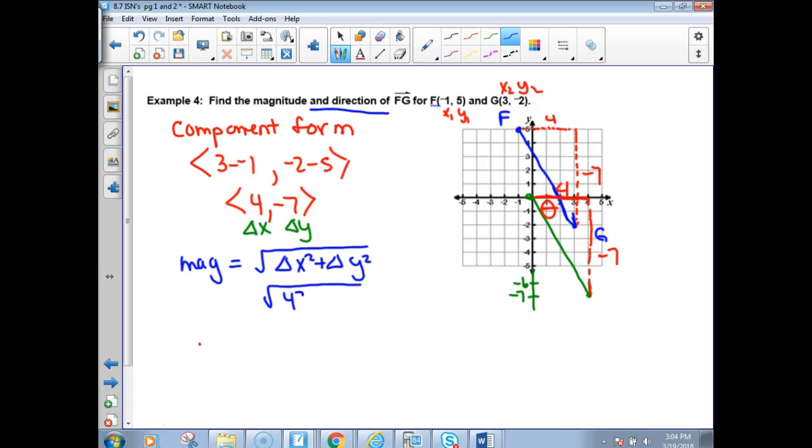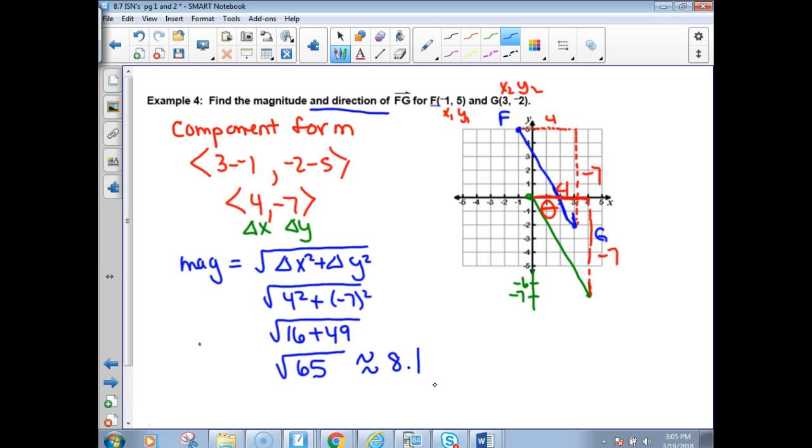So we're going to do 4 squared plus negative 7 squared and take the square root. That's 16 plus 49, which gives us the square root of, what's that, 65? Yep, 65. And that's approximately 8.1.